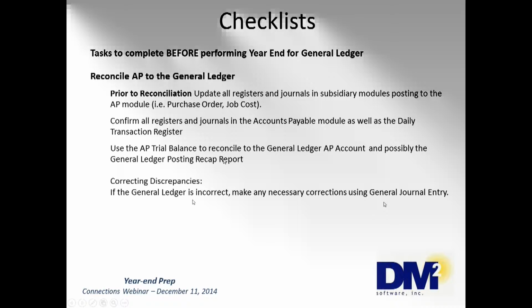If, however, you found that the accounts payable module is incorrect, then there's a couple steps that you need to take. Number one is going to your AP options and disabling for a moment the integration to general ledger, so you can make your corrections to the AP module without updating to GL.